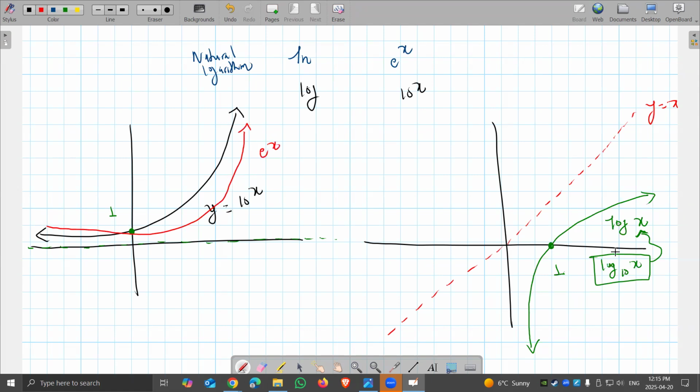When you flip that on the y equals x line, you would get something like this. So that's where ln comes from. That's the logarithm with the natural number e as the base.